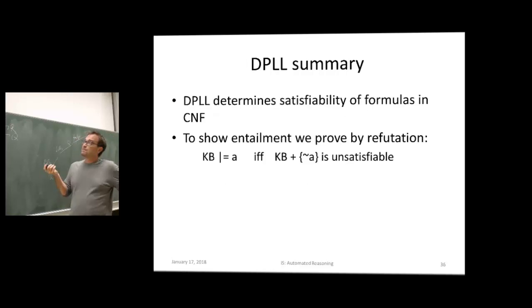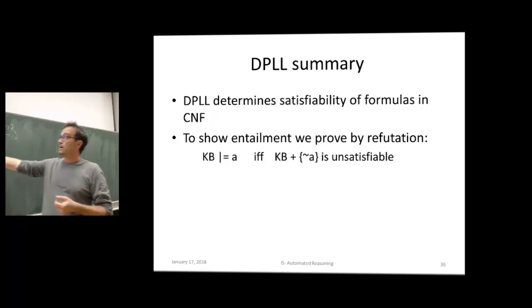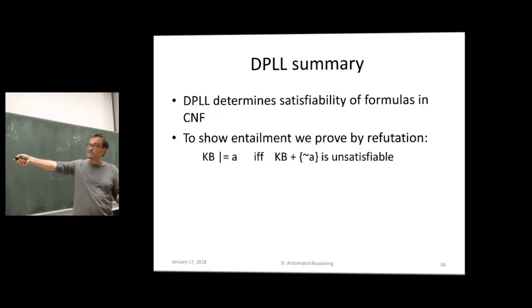So the summary, from the practical perspective: Davis-Putnam-Logemann-Loveland determines satisfiability of formulas in clause normal form. Remember that if you want to use this for different logical purposes, for example to check validity or entailment, you need to transform one problem into another.